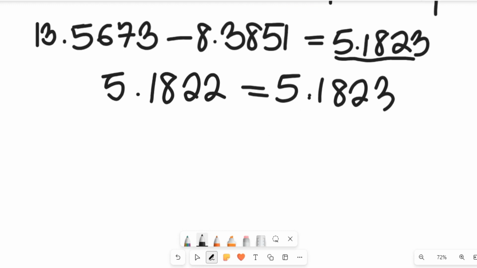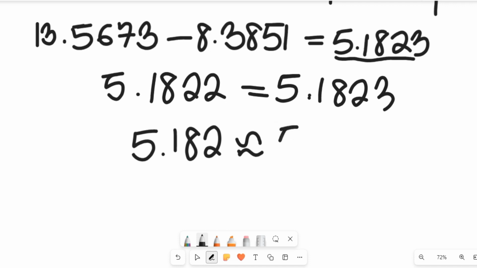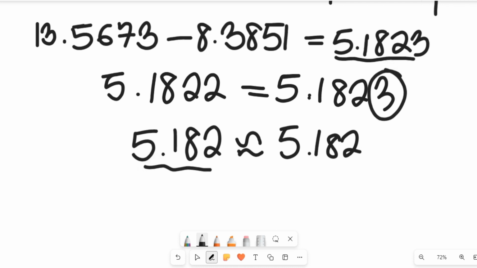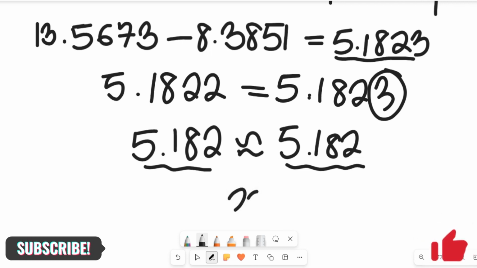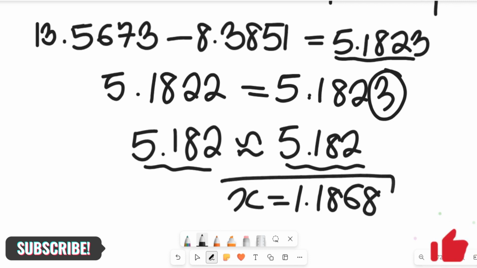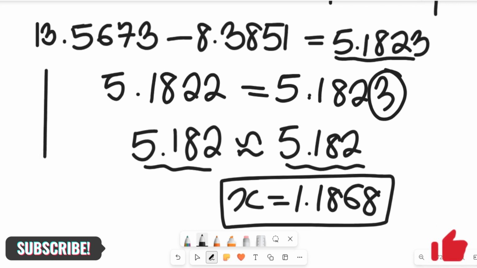So that tells us that the value 5.182 is approximately the same value as 5.182, because this, if rounded up, is not up to 5, tells us that the value of x equal to 1.1868 is the correct answer to that algebraic expression that is given to us up there.